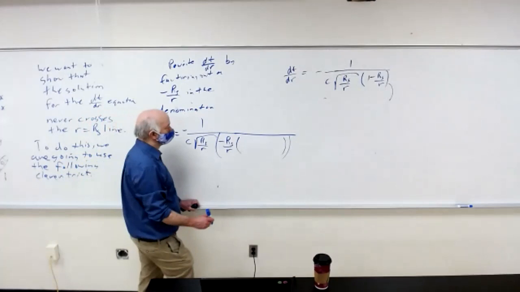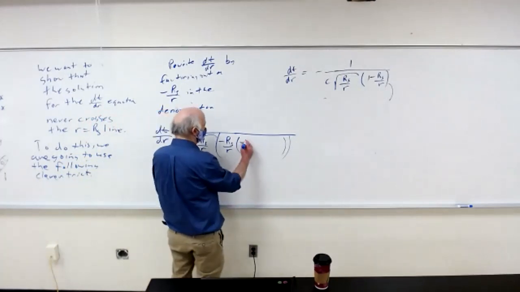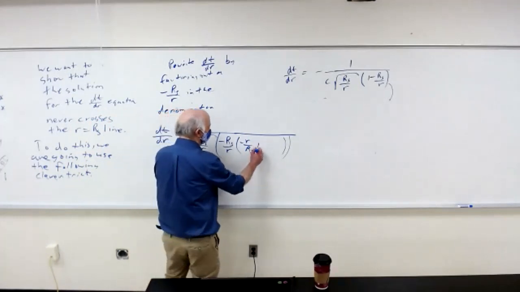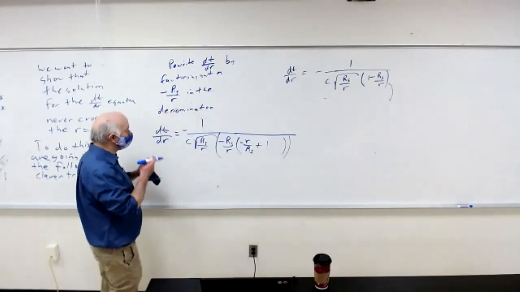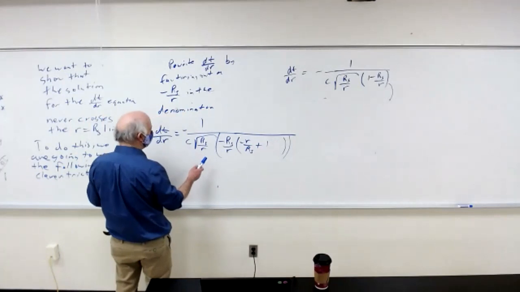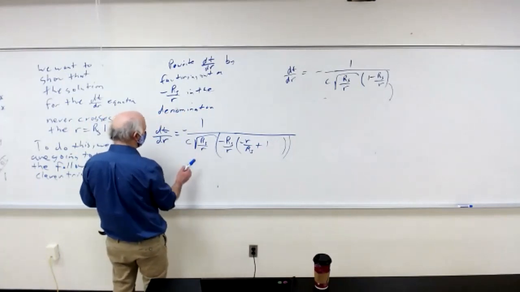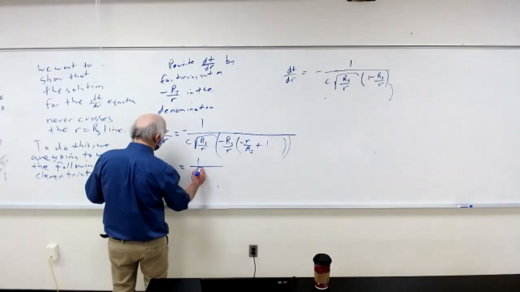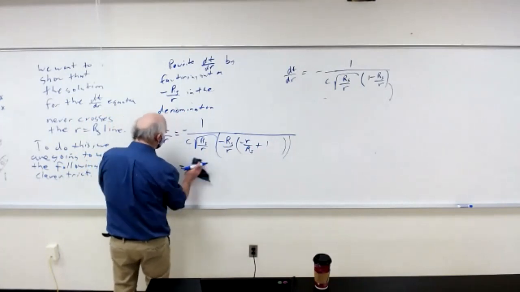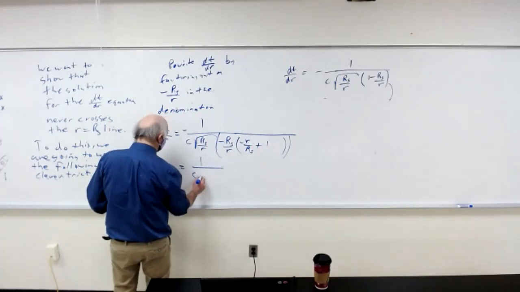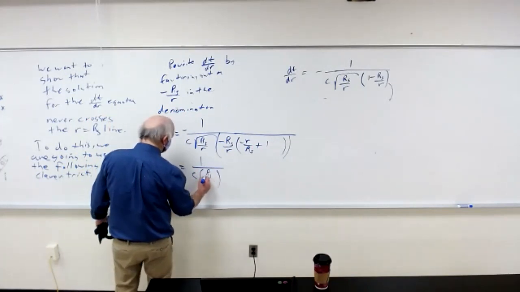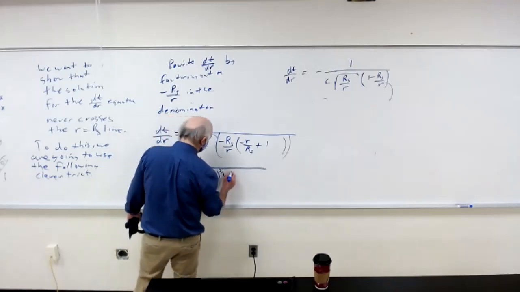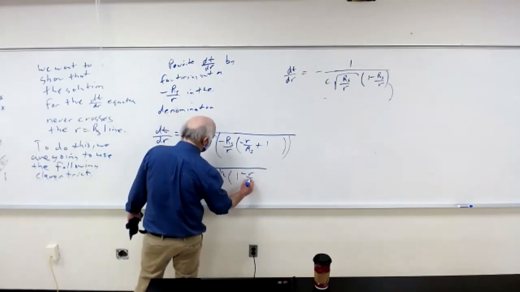Minus R over RS, plus 1. Okay, let's rewrite this now. The two minus signs will cancel. These two terms I can write as the square, so I can write this as 1 over C, RS over R to the 3 halves power, times 1 minus R over RS.